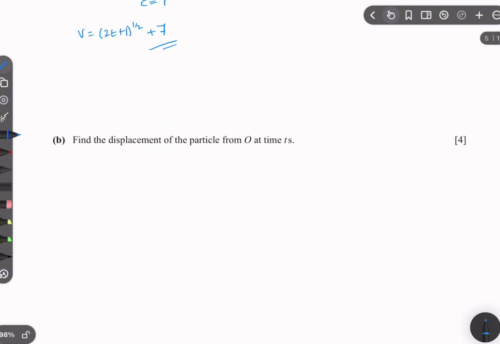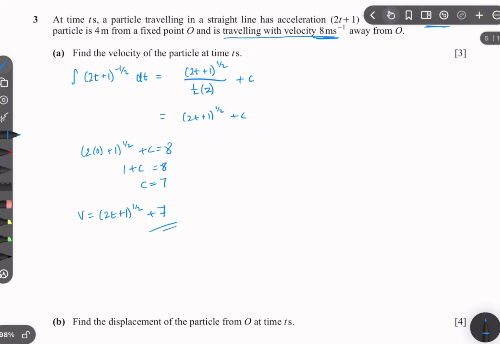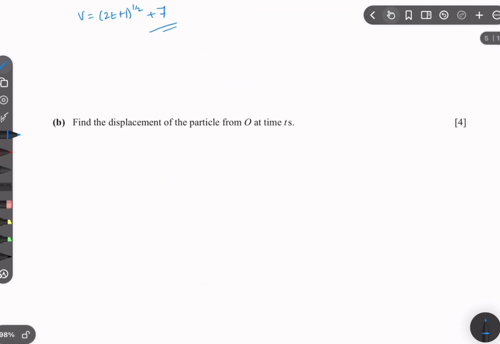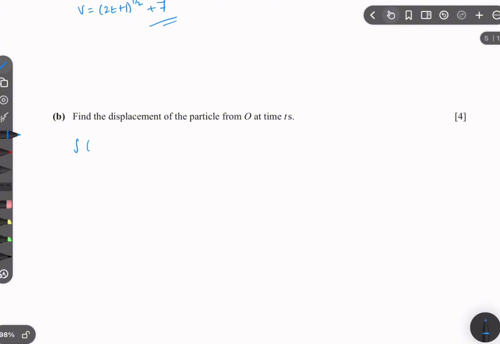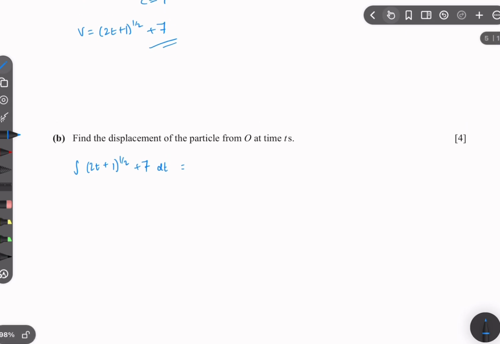Part B, find the displacement of the particle from the origin at time t. Okay, so to find the displacement equation, we integrate the velocity equation. Okay, same thing.